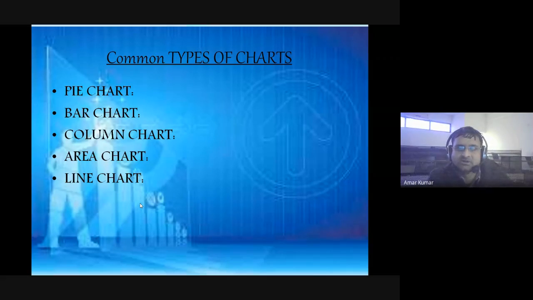These are the common types of charts which are always used in Excel, or you can use these charts to represent the data in our Excel sheet.